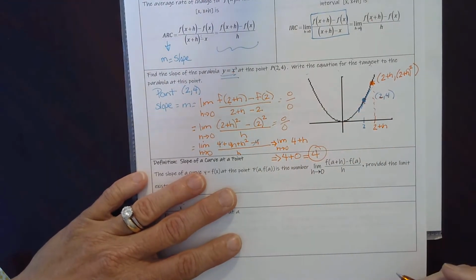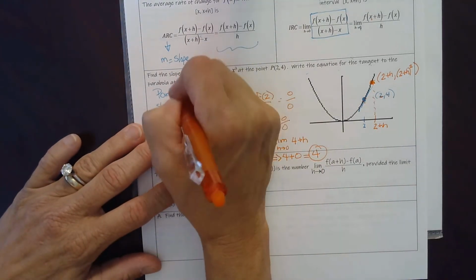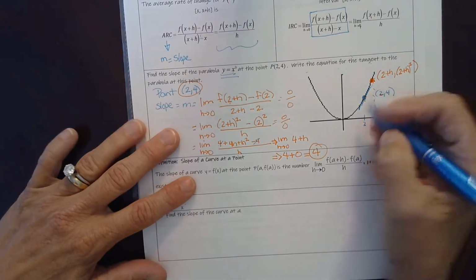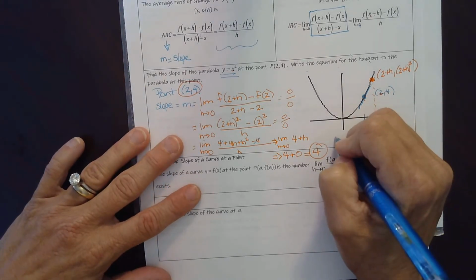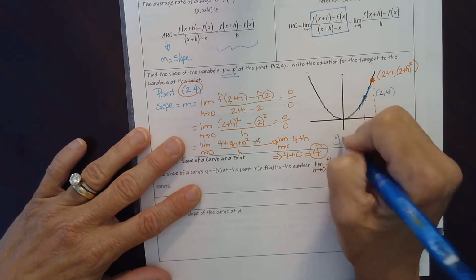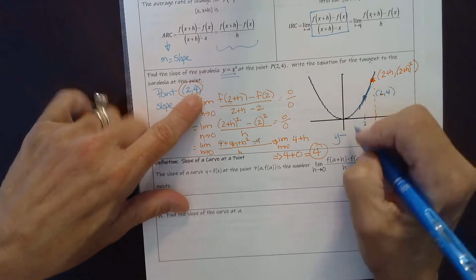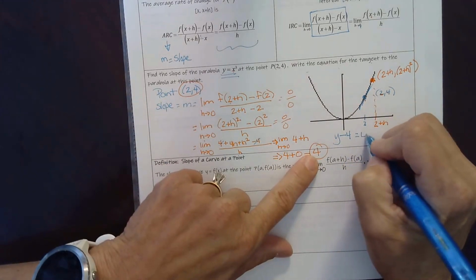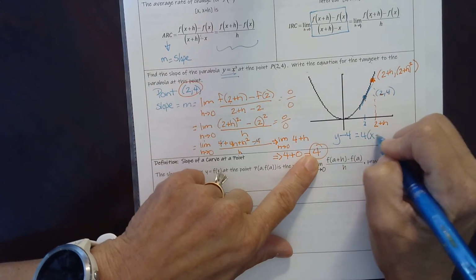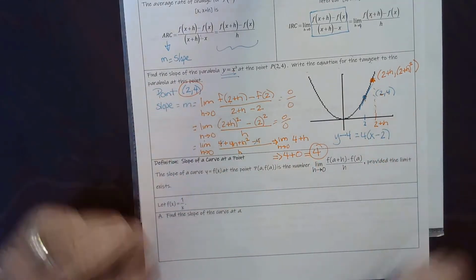So there's the slope. Here's my point, and I can write the equation in point-slope form. So I have y minus 4 equals the slope, 4, times (x minus 2).